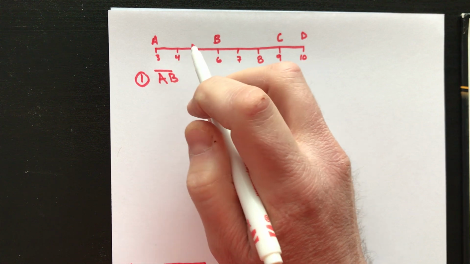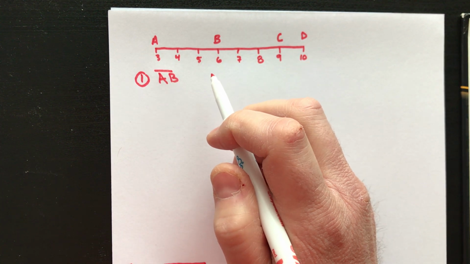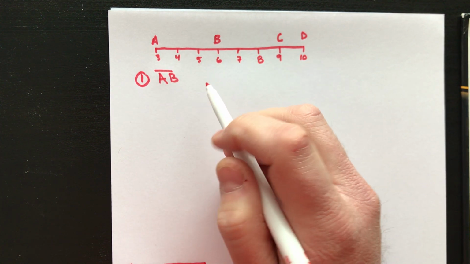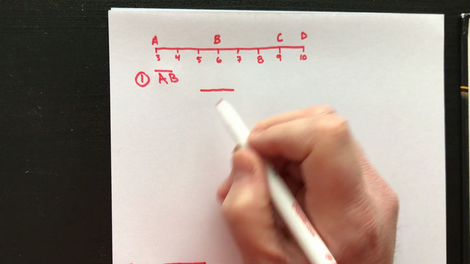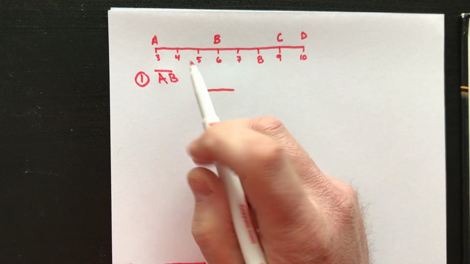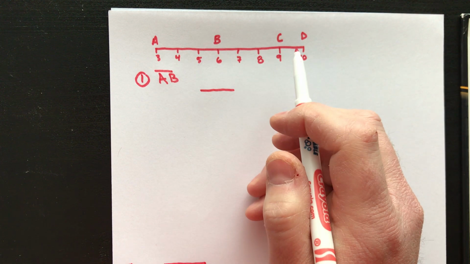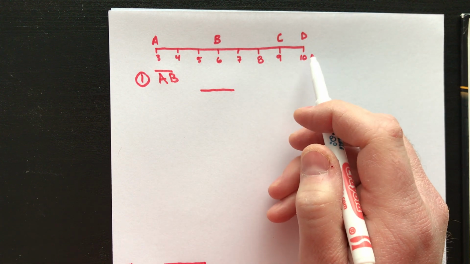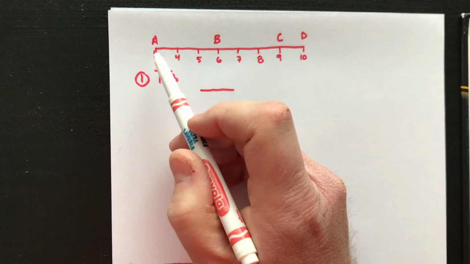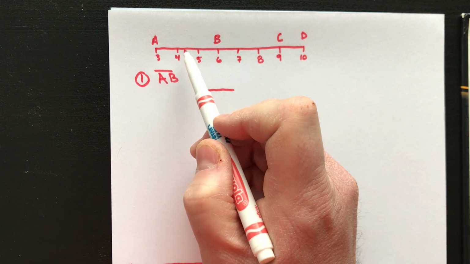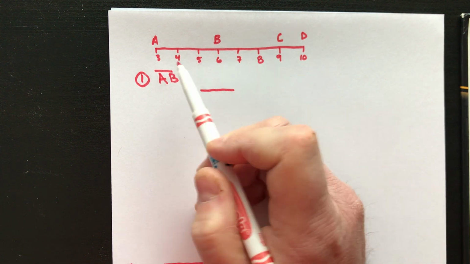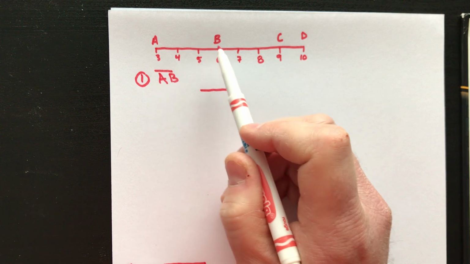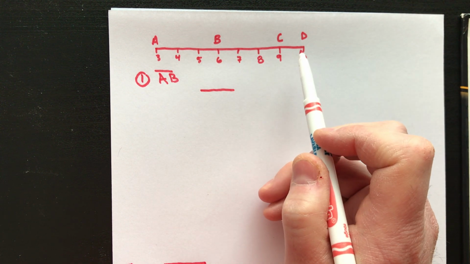The hardest part about this is to make sure we have the total length correct. The total length of this entire line segment is not 10. Students also make the mistake of counting the dashes: 1, 2, 3, 4, 5, 6, 7, 8.